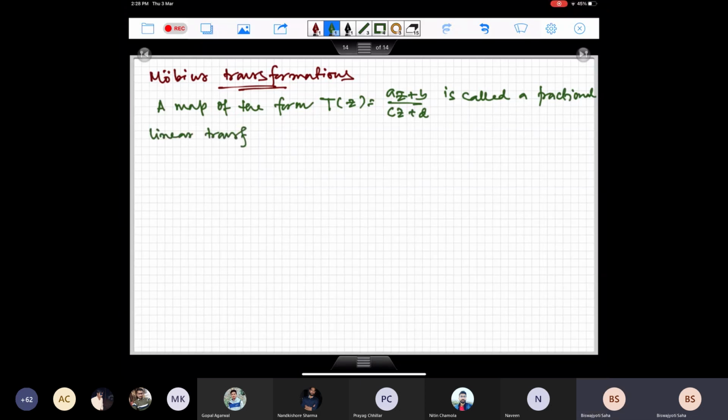So it's not a linear transformation. Of course, there is some shifting, but it's actually fractional as well. Further, if ad minus bc is not equal to 0, we call it a Mobius transformation.